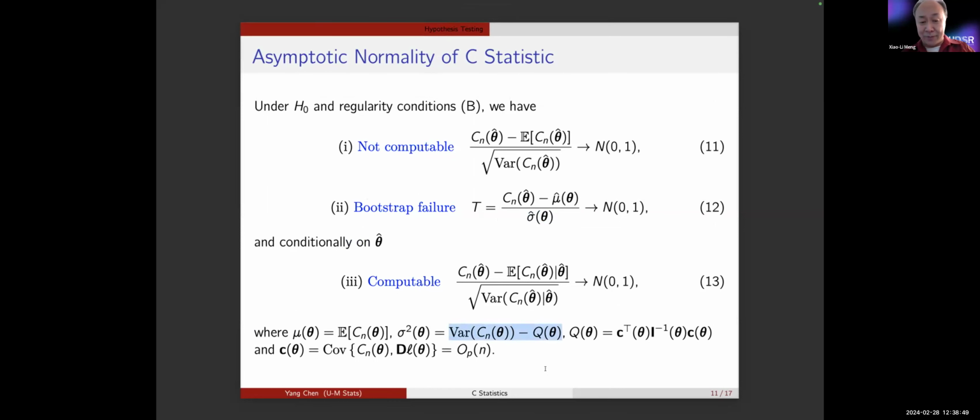Not because it doesn't have a limit of normal 0-1, but because when you do bootstrap, you don't care about normal 0-1. You're saying the bootstrap fails because it doesn't estimate the variance correctly. Yes, it's too small. So the failing part is not necessarily the normal 0-1, but rather that the variance will be too small. It is the variance term.